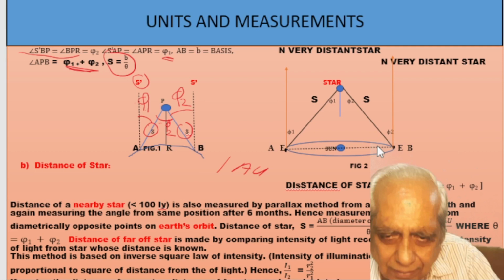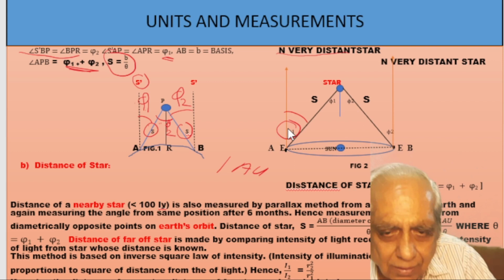What is the angle of the star from the line joining to the very distant star? So this angle I have written is phi 1. By geometry, if I draw a vertical line parallel to this, this will be phi 1, and this is also phi 1.